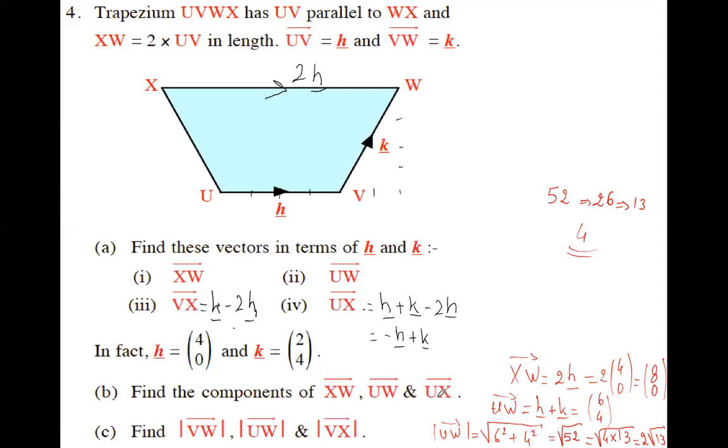And the last one, UX. UX we said was negative h plus k. So you need to write negative h plus k in component form. So if I've got 4 here, negative 4 plus 2 becomes negative 2, and 0 plus 4 is just 4.